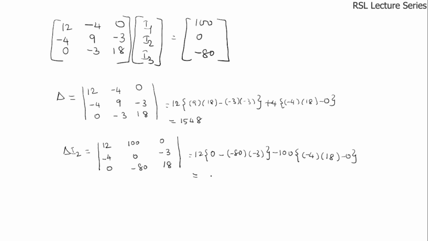On simplification this will become 4320. So I2 is given by delta I2 divided by delta, so 4320 divided by 1548. This will be equal to 2.7906 ampere. So this is the answer.